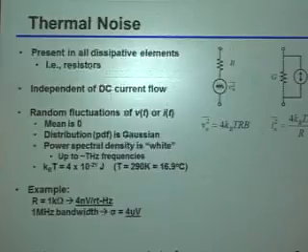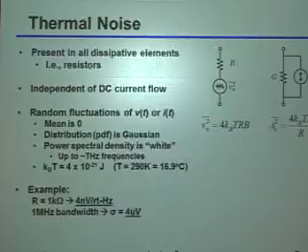So here I'm just showing a more complete picture of this. Remember I said before that I was deriving what the voltage source would look like, but we also said we could equally model it with a current source. Indeed, if I instead do the current source model, now rather than placing the source in series, I'm going to put it in parallel, right? And that's just the simple standard Thevenin versus Norton equivalent. And as perhaps is not too surprising, remember, for the voltage source, the variance is proportional to the resistance.